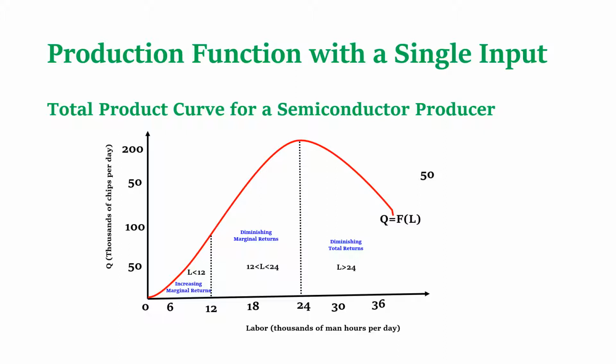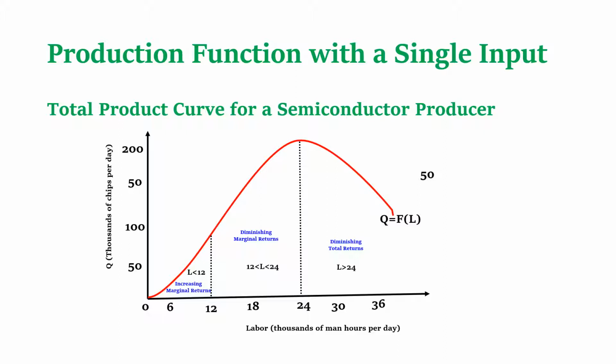So beyond L equals 24, the total product curve is falling. As the farm increases the quantity of labor, the total output decreases.